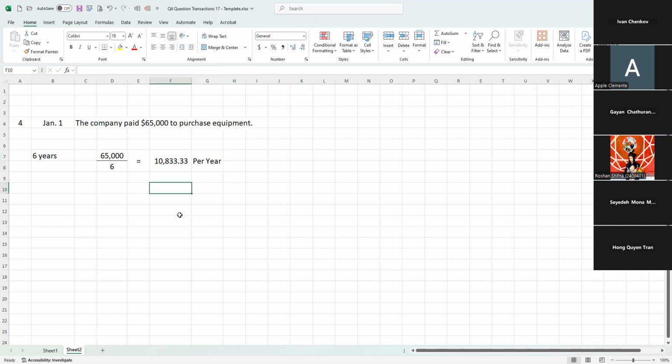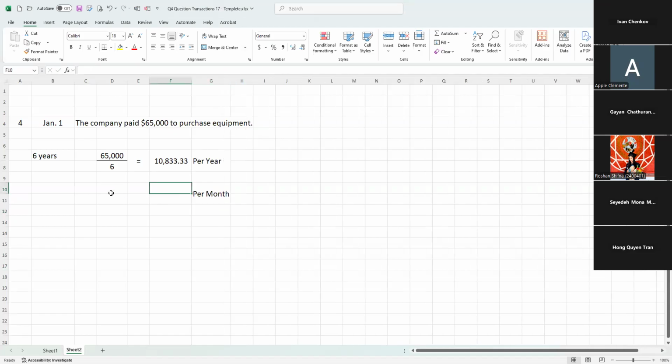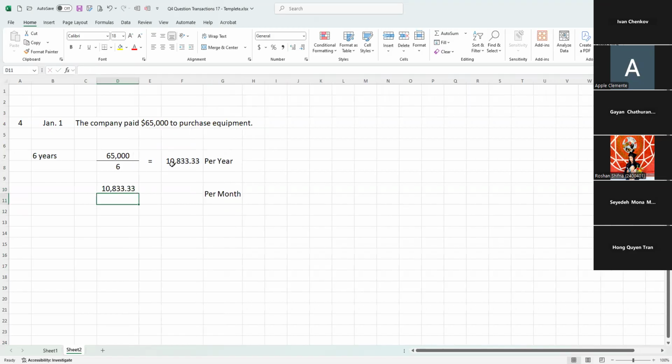How much will it be per month? Let's go here. Copy this one. Now we want it per month. So what do I have to do? I have to get this number that will be equal to this amount divided by 12, and I'm going to get it per month.